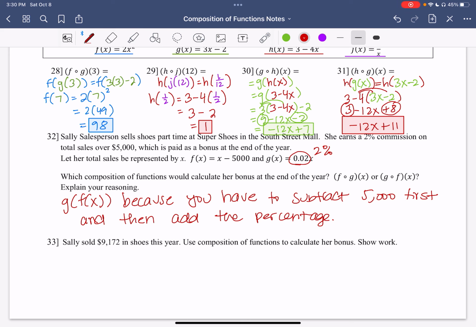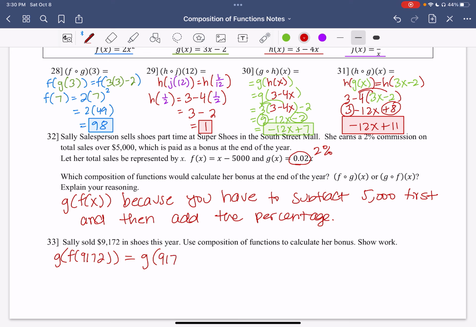Okay, so let's say Sally sold $91.72 worth of shoes this year. Use composition of functions to calculate her bonus. So we said that we're going to do g of f of x. But now your x value is $91.72 because that's how much she sold. So you're going to put $91.72 into f.